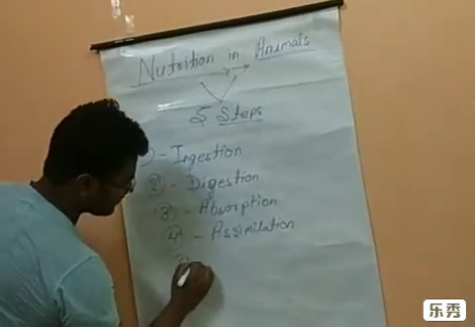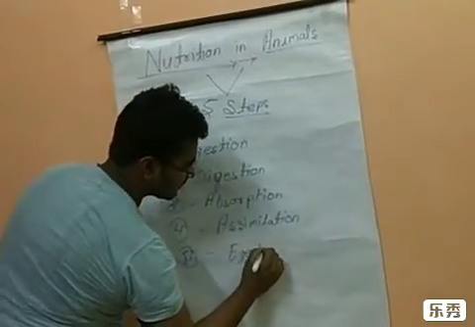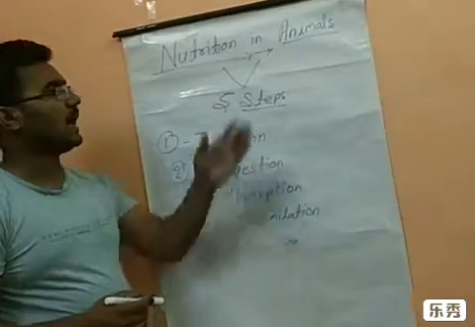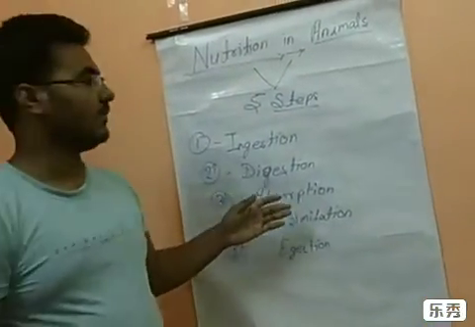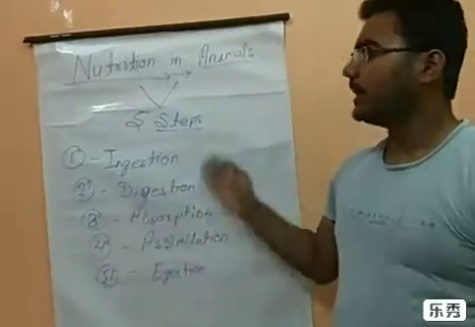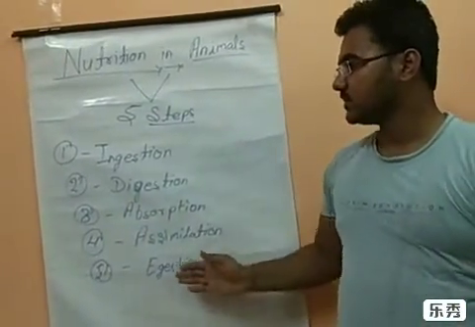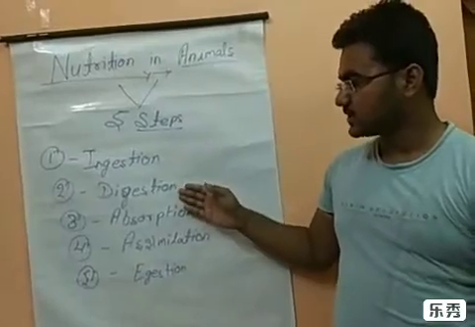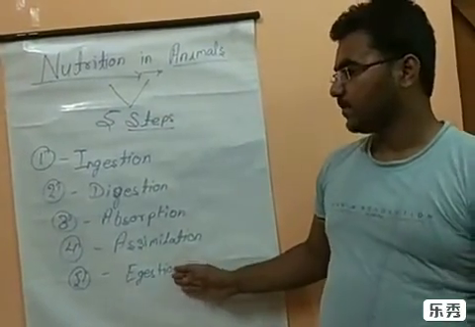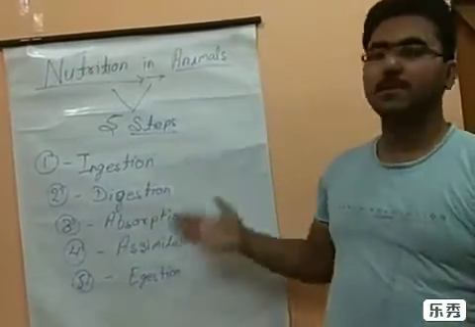And fifth is egestion. So these are the 5 different stages that an animal goes through in its nutrition process to get nutrition from any food item. So you can note down these names. First is ingestion, second is digestion, third is absorption, fourth is assimilation, and the fifth is egestion. Note it down. Afterwards, we will go step by step.